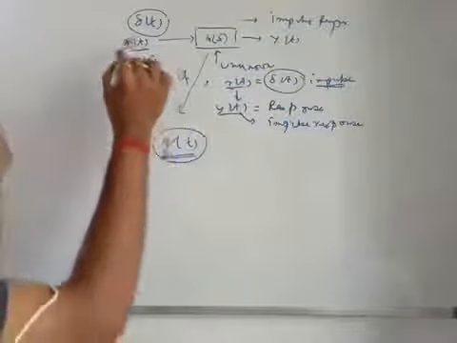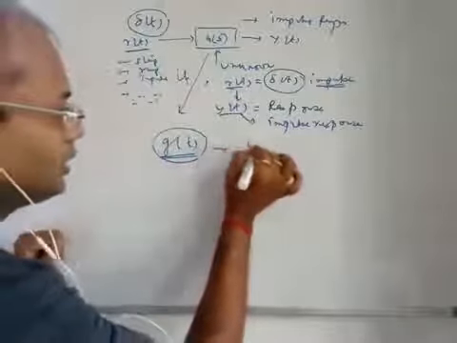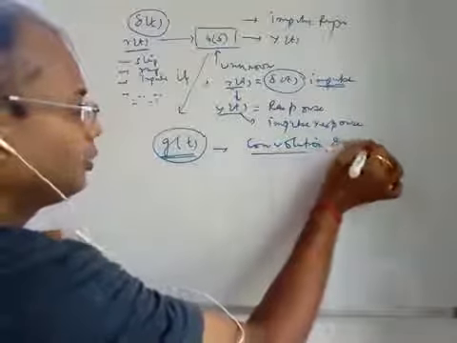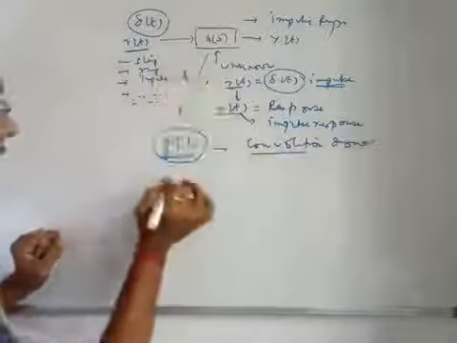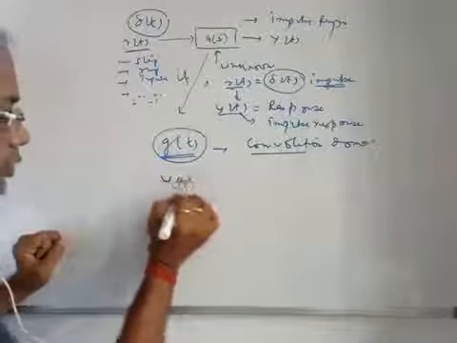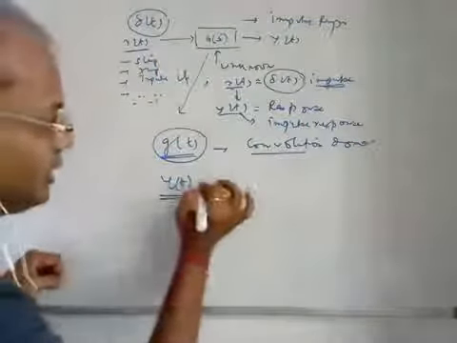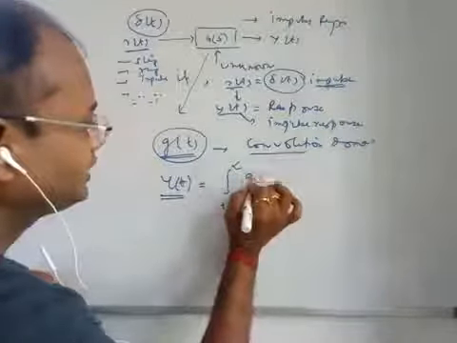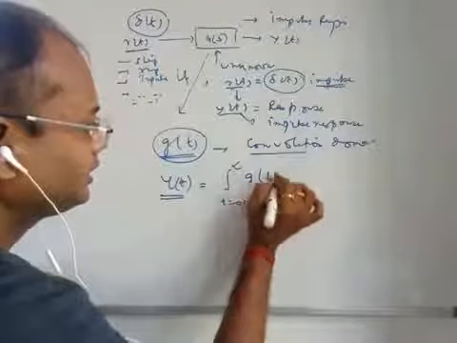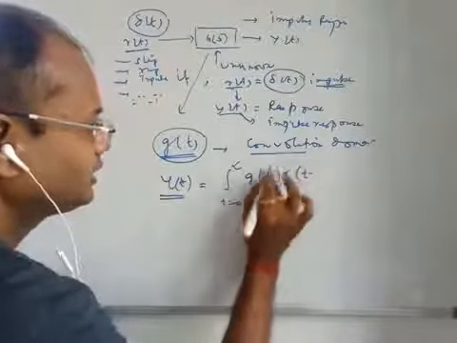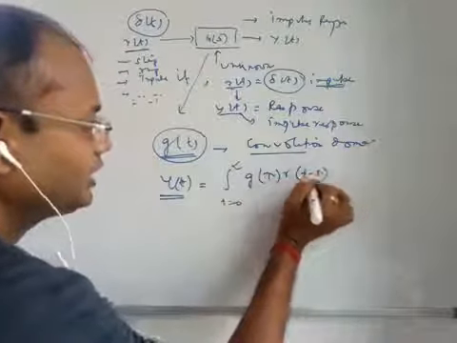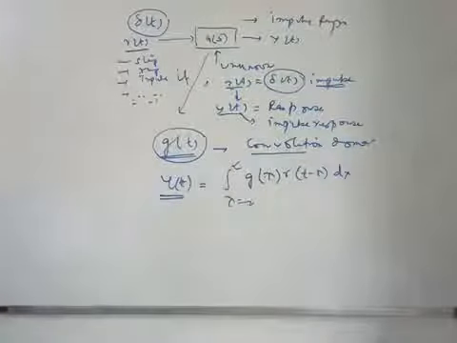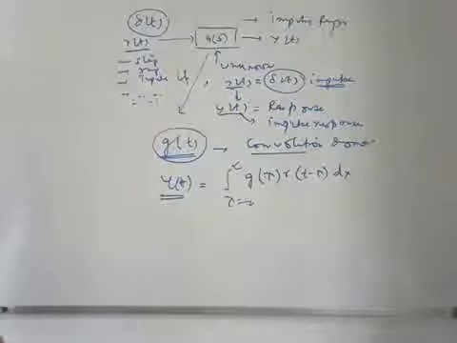Then the relationship in convolution domain, you know this, the convolution sum, what we get: y(t), that is output, y(t) will be equal to the integral from tau is equal to 0 to infinity of g(tau) r(t minus tau) d tau.